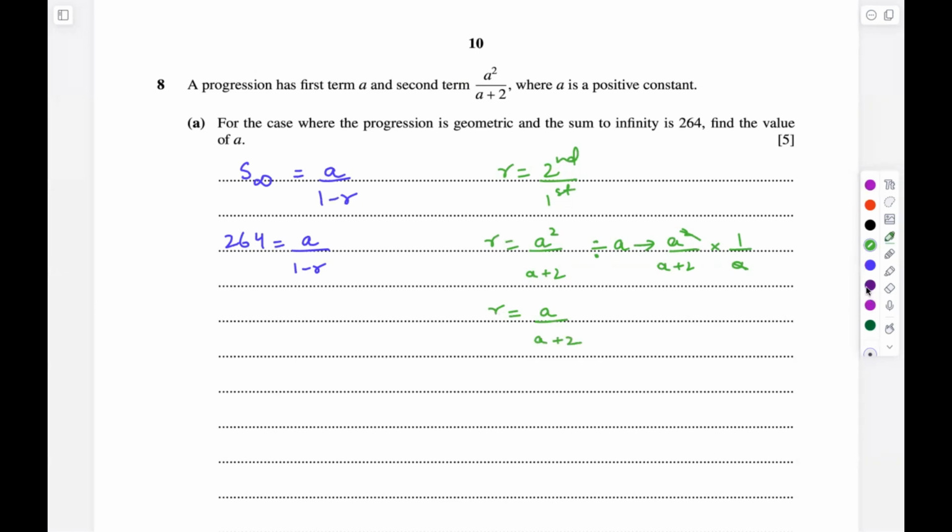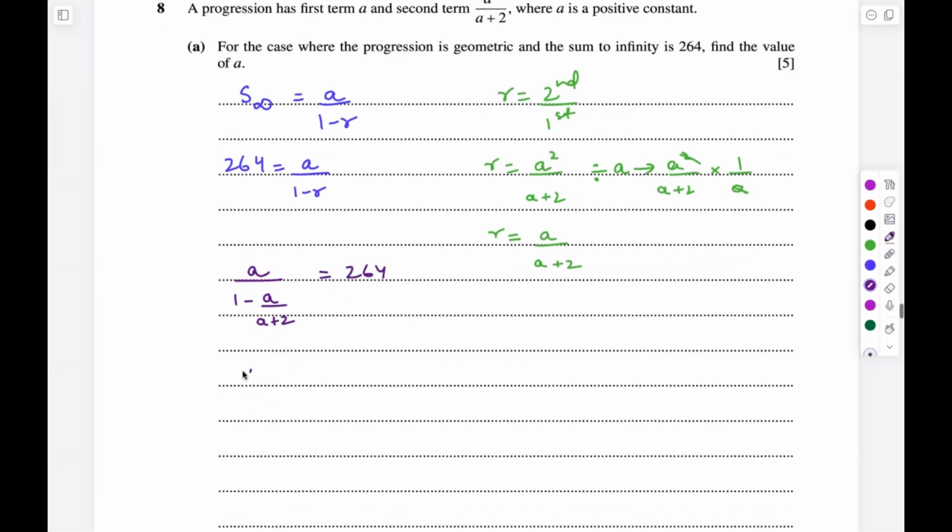Now substituting a upon a plus 2 in place of r, we get a upon 1 minus a upon a plus 2 is equal to 264. Now first taking the LCM in the denominator, we get a upon, so 1 will multiply by a plus 2, that will become a plus 2 minus a upon a plus 2 is equal to 264.